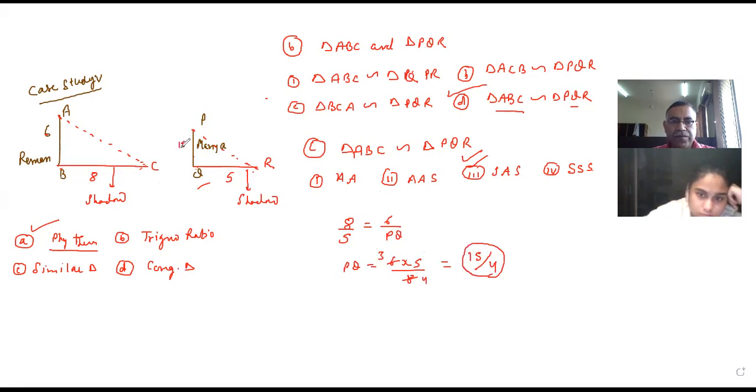So this is 15/4. Now see, 6 has a ratio with 15/4. This is S. 8 has a ratio with 5. This is S. The angle in between is 90 and this angle is 90. So what should it be? SAS. There are two sides and the angle between. So that means SAS is the criteria which makes the two triangles similar.